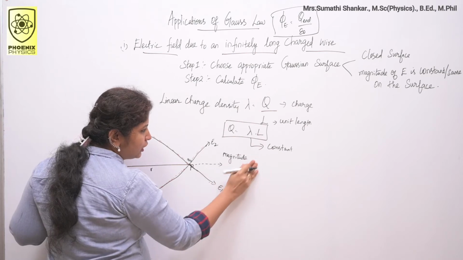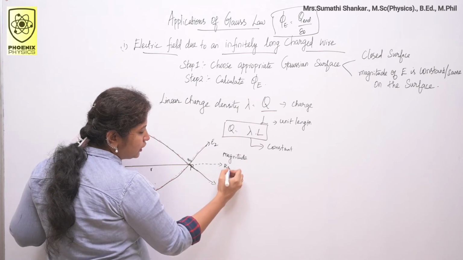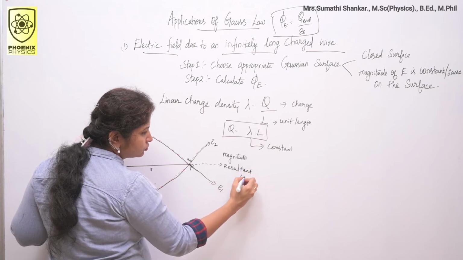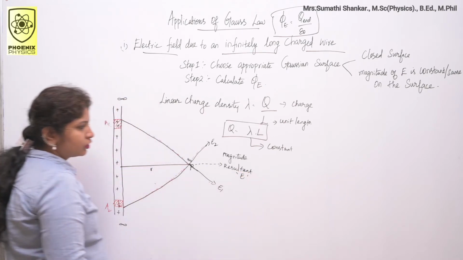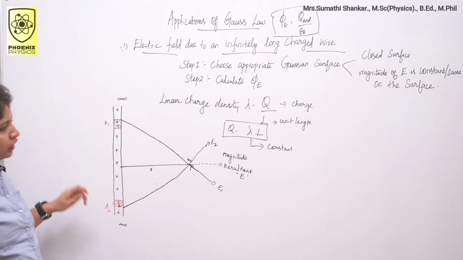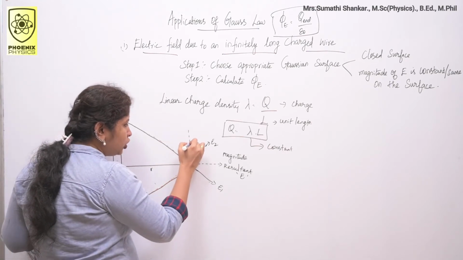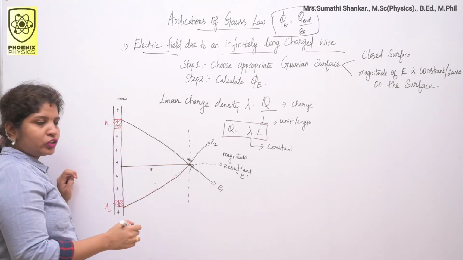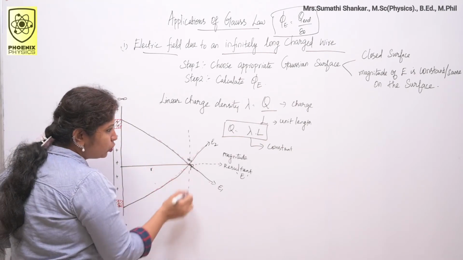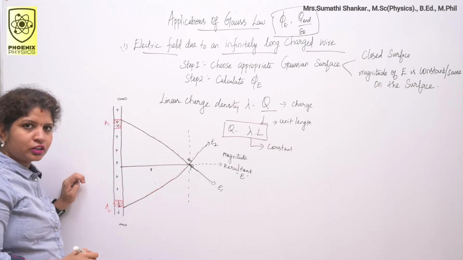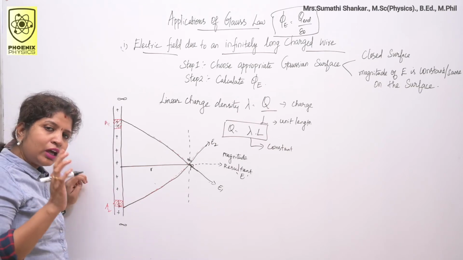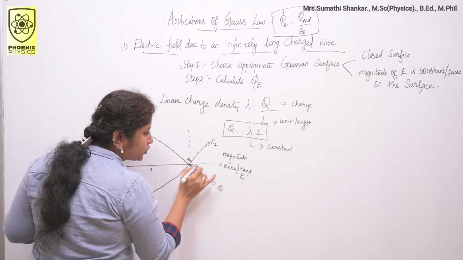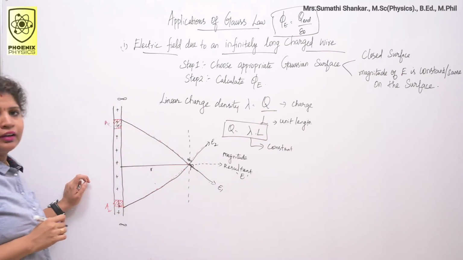This is our resultant E. Here the vertical components of E cancel each other because these two are in the opposite direction. We have only horizontal component. So the resultant E acts in the horizontal direction.